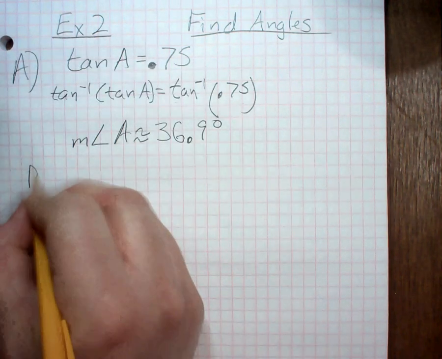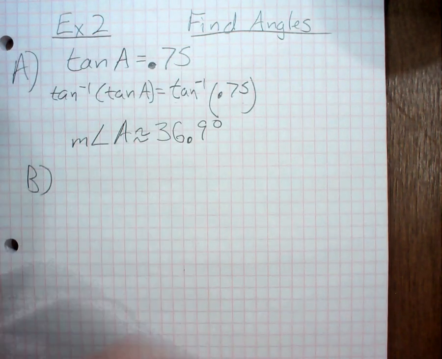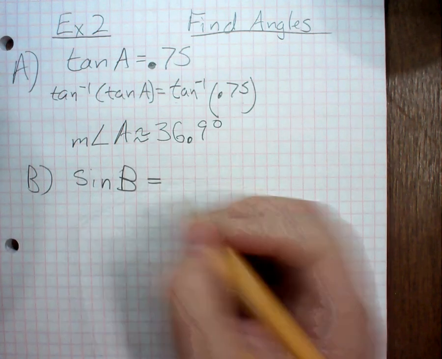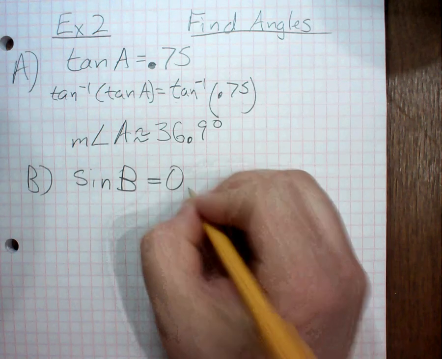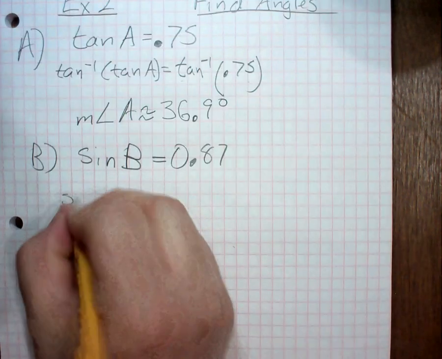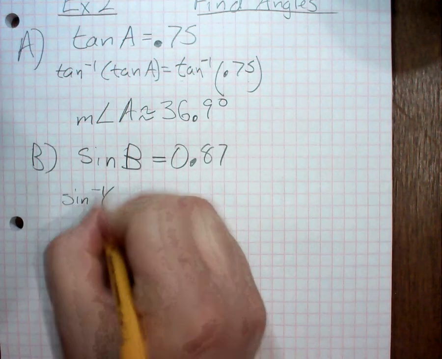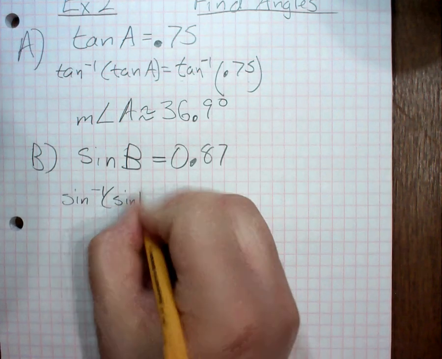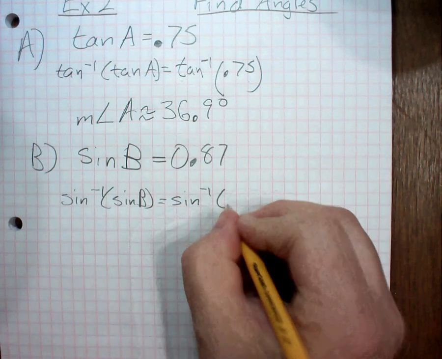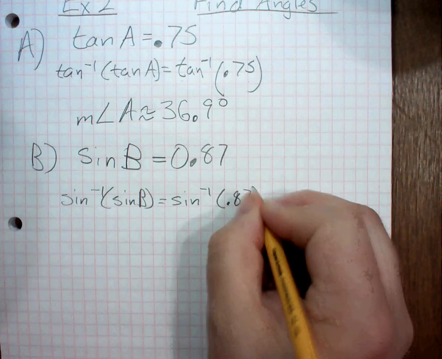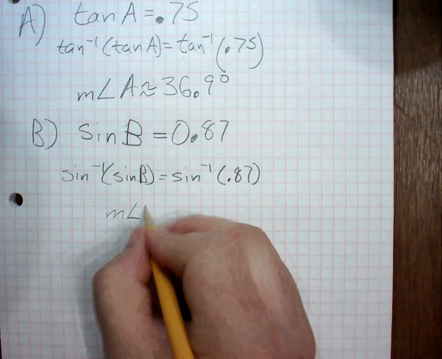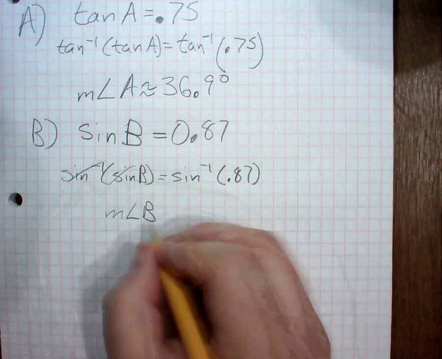For part B, we're going to do one of each of these. If sine of capital B is equal to 0.87, I'm just going to say the arcsine of sine of B is equal to the arcsine of 0.87. These undo each other, so I get the measure of angle B. In other words, this cancels this.